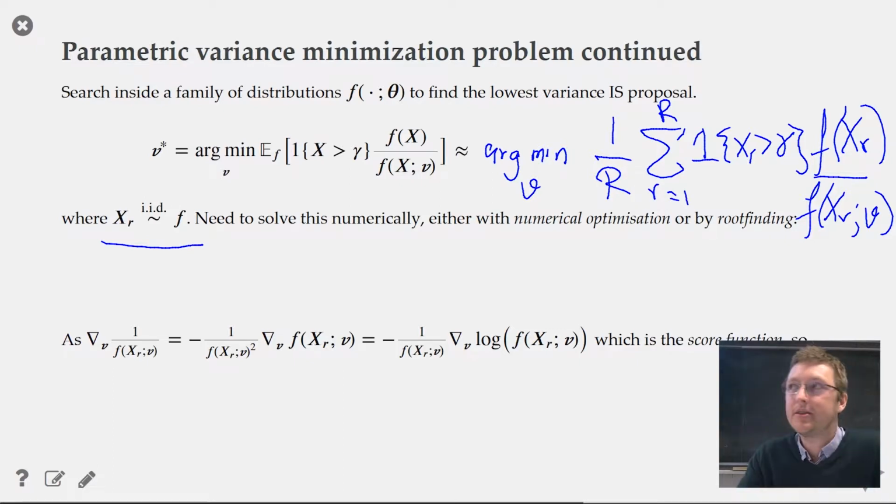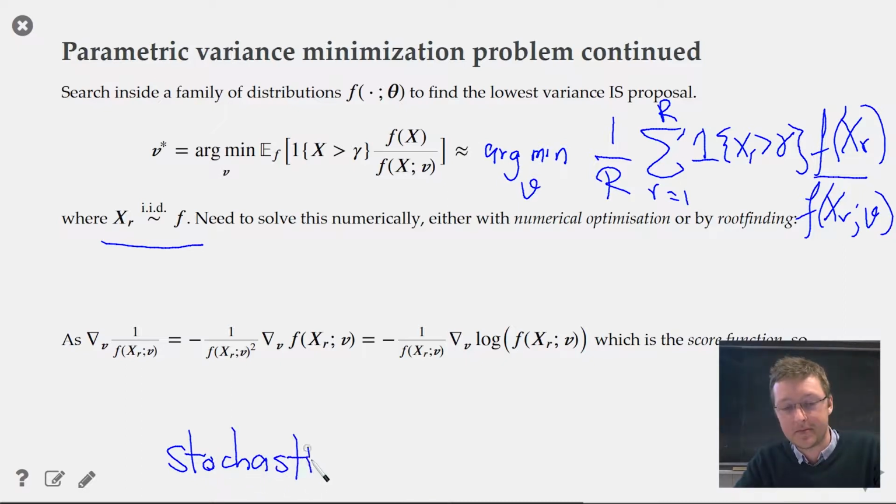This thing is called the stochastic counterpart to the original problem.